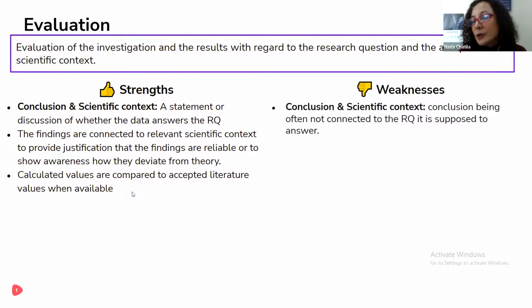Weaknesses is like, the conclusion is maybe not that relevant, not that well connected to the research question. It does not really answer it. So it's very important that the students recall their research question when they are about to conclude.